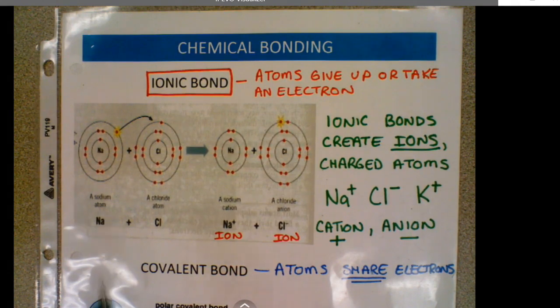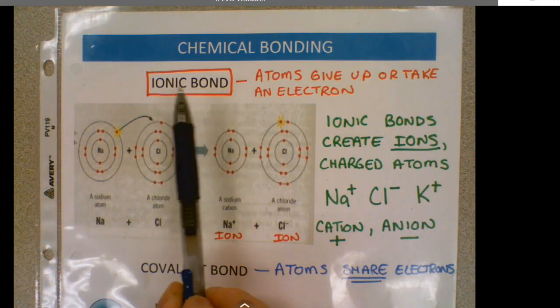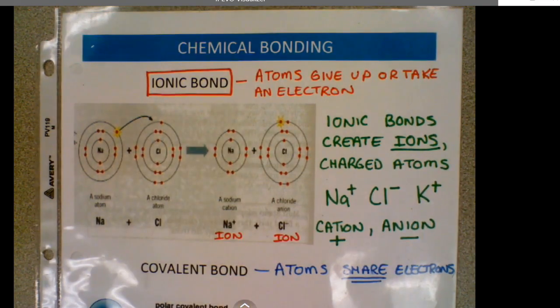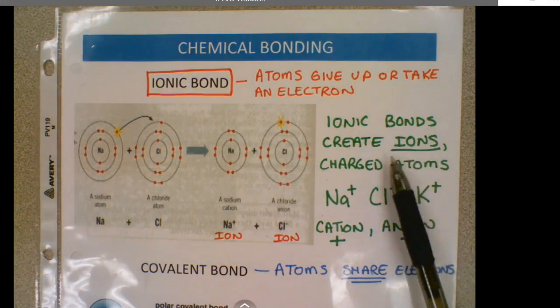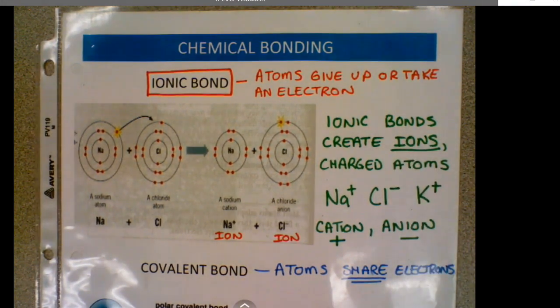The first type of bond is called an ionic bond, and an ionic bond is a bond where we form a molecule, two atoms bond together, but an ionic bond is going to create these atoms called ions. Ions are charged atoms. And I mentioned this in a previous video that ions are going to be a part of our body, and our body utilizes ions to run systems like our muscles and our nervous system.